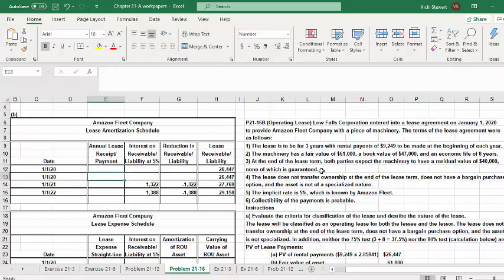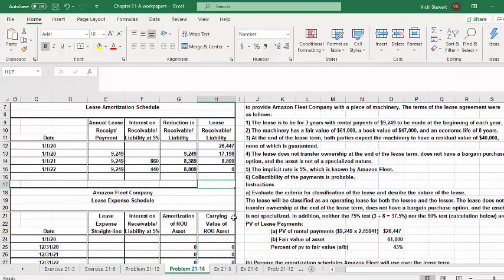The first lease payment that will be made on January 1st, 2020 of $9,249 will all be debited to the lease liability, because at that point there would be no interest due. Then we will complete the amortization schedule for the remaining 2 payments of $9,249, because we'll be using those to help us construct the lease expense schedule.